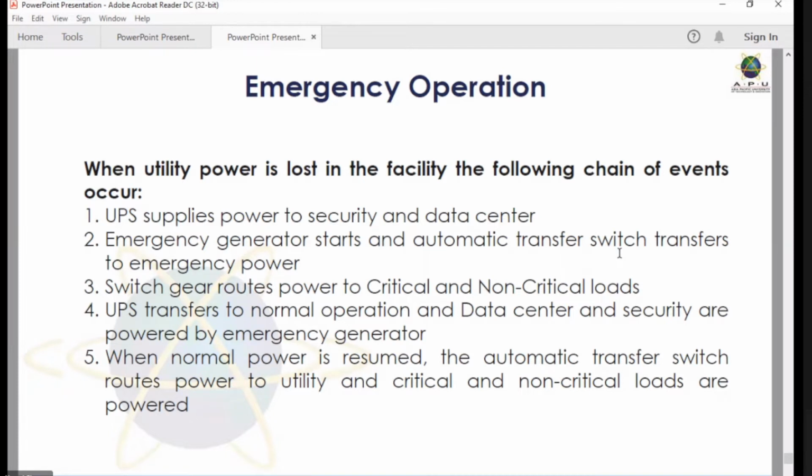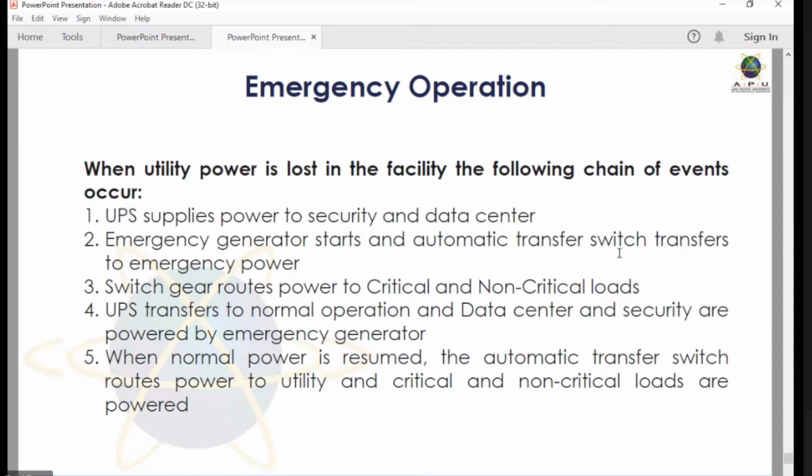from the generator. Switchgear routes power to critical and non-critical loads. So UPS ले चाहिँ critical loadहरुमा दिँदैन, हैन, data center र security को लागि मात्रै दिन्छ. Okay, not to cooling and everything. UPS does not provide for cooling and other mechanisms; it will just provide power to security, data center, to servers and then to routers.